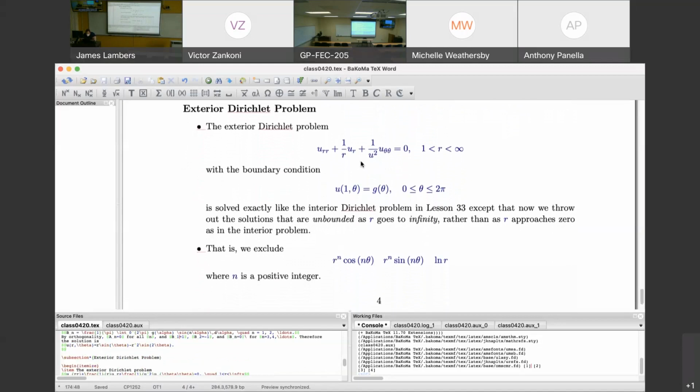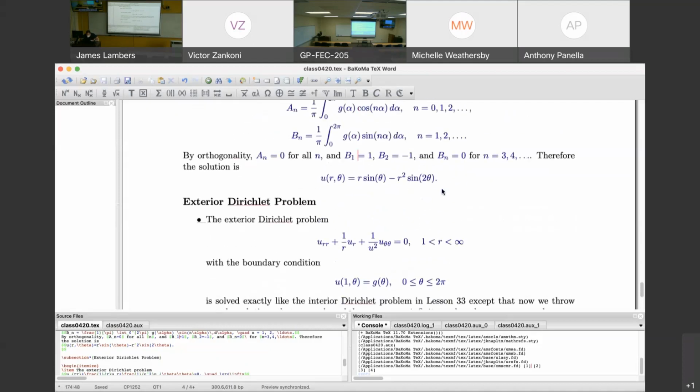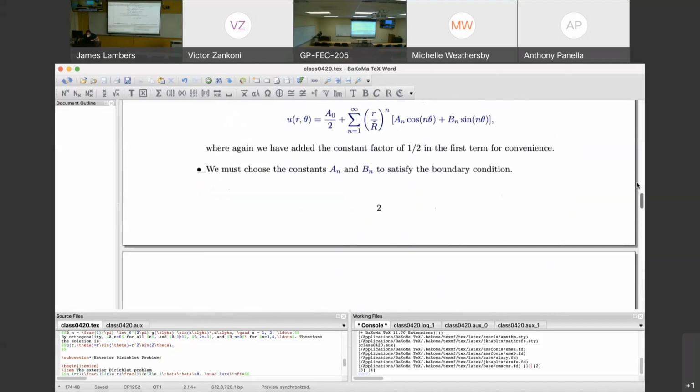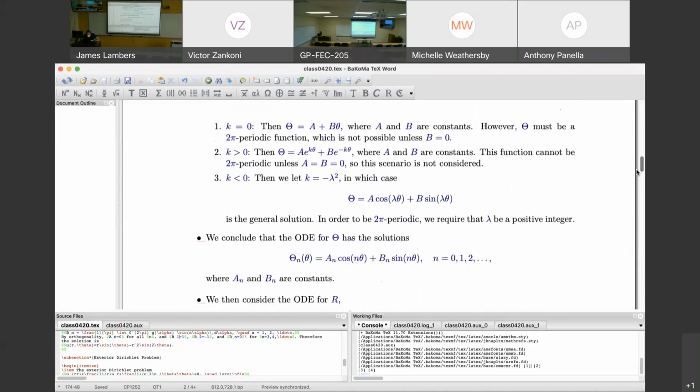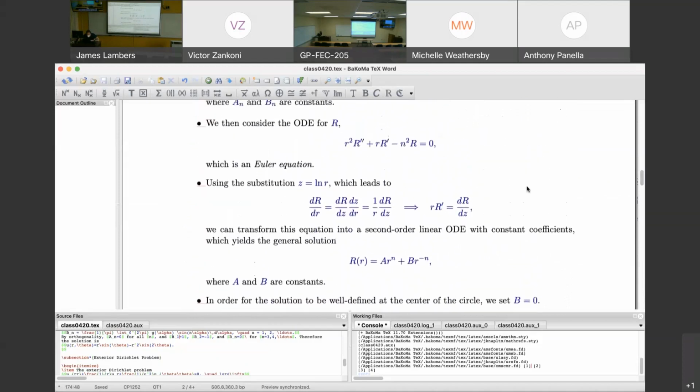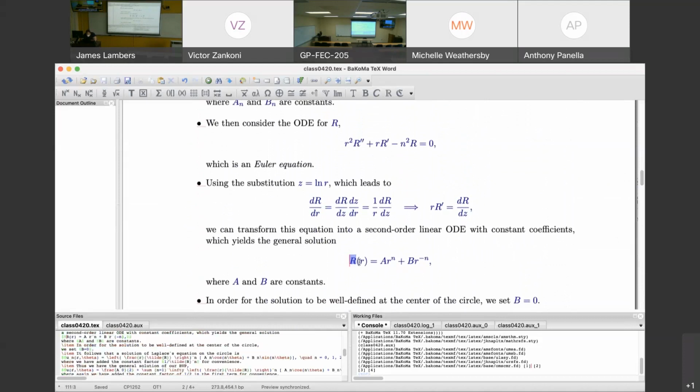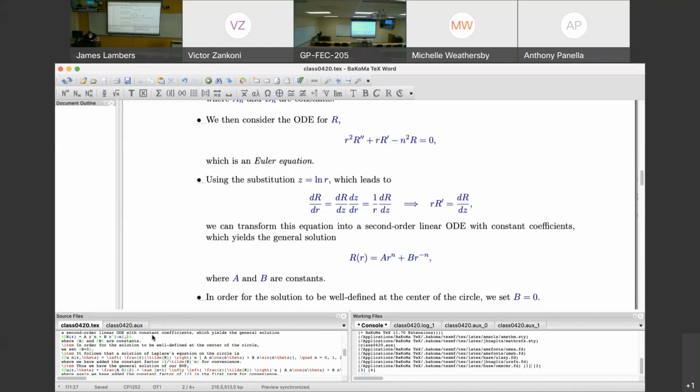So, if I go back to what I was showing you before, I mentioned this general solution, but I should mention that I've left out a solution here.